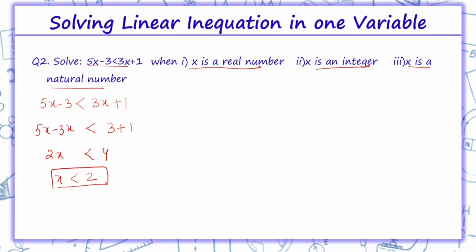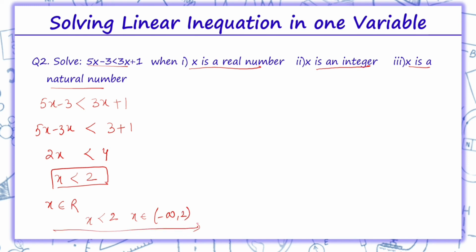Now, the first condition was x belongs to real numbers. So when x belongs to real numbers, x is smaller than 2, so x belongs to minus infinity to 2. We will draw it on a number line.